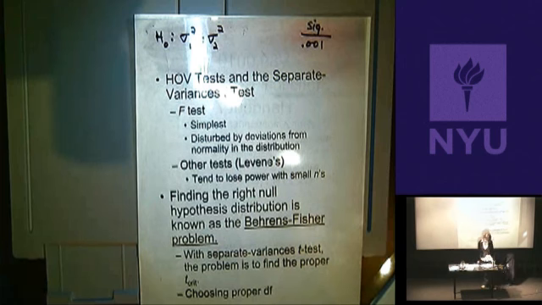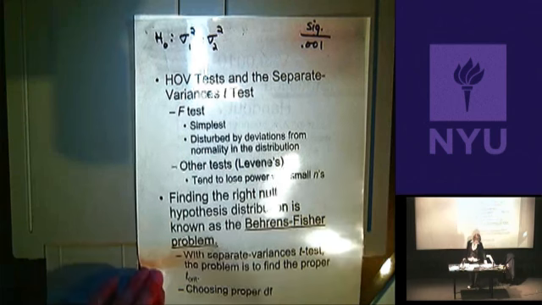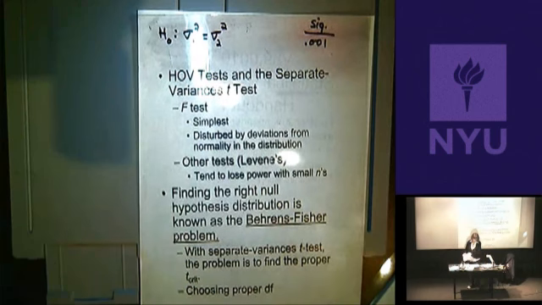As I mentioned before, the problem with the separate variances test is finding the right critical value. It's called the Behrens-Fisher problem. You don't need to remember that, but it's about finding the right degrees of freedom. We'll do an example next class.